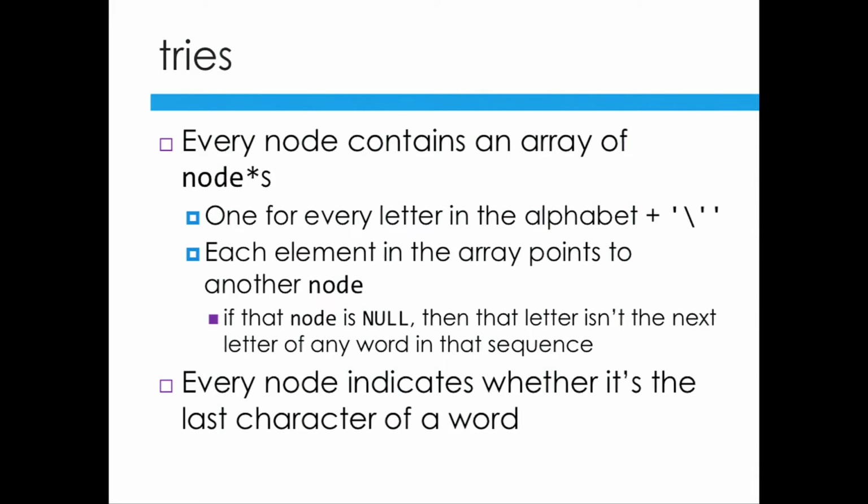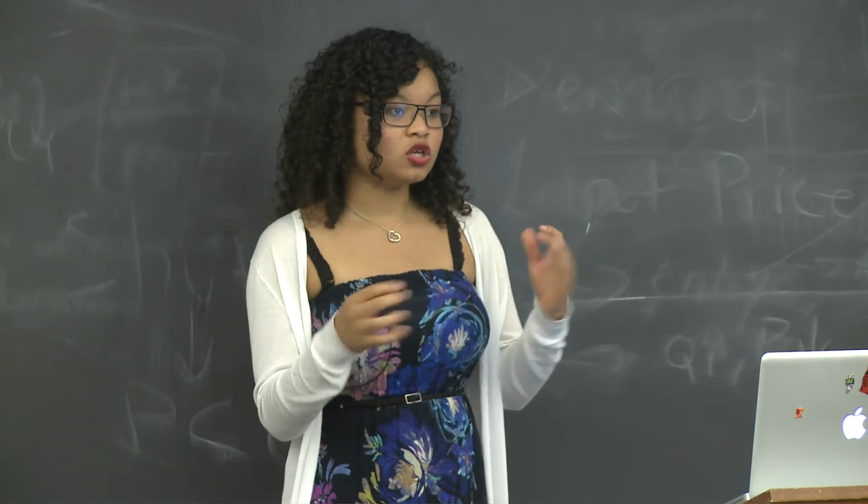So every node in our trie is actually going to contain an array of node pointers. And we're going to have specifically 27 of those node pointers, one for every letter in the alphabet, as well as the apostrophe character. And every element in this array is itself going to point to another node.